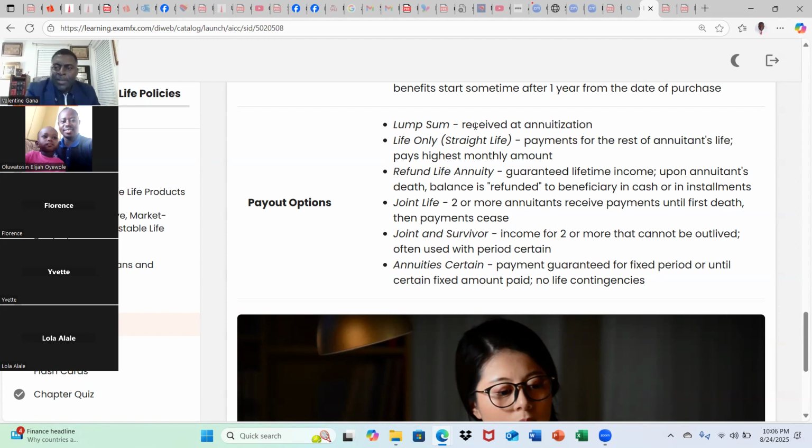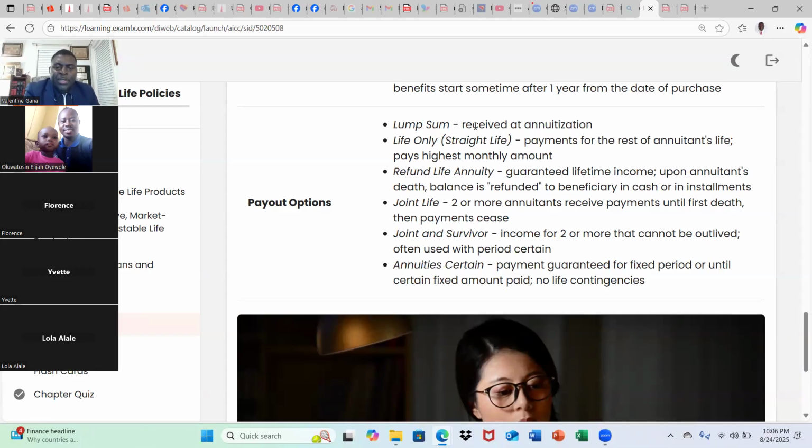Refund life annuity guarantees you a certain amount for the life of the annuitant, but if there's a balance that has not been collected, they pay that money to the beneficiary, either in a cash lump sum or in installments.